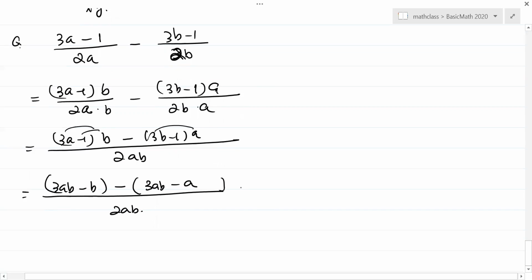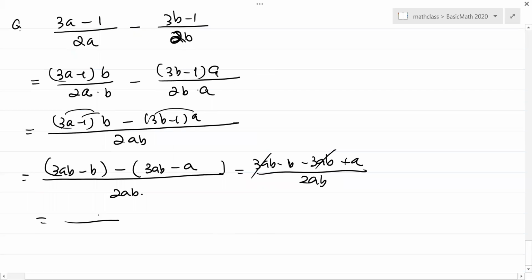Now 3ab is gone, right? So what you get is 3ab and plus a here, 2ab. So 3ab is gone, and a minus b would be the numerator. So it's simplified. Okay.